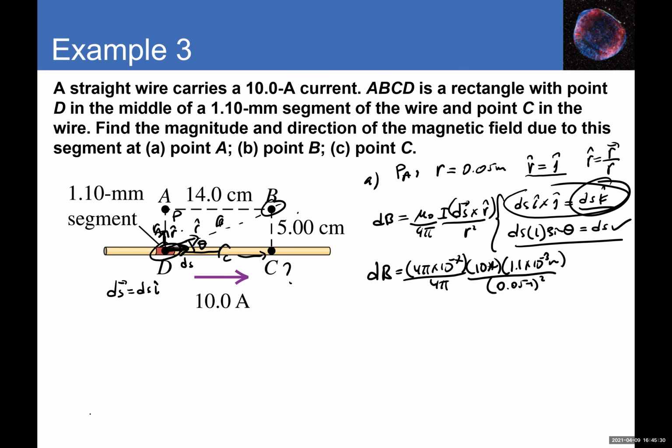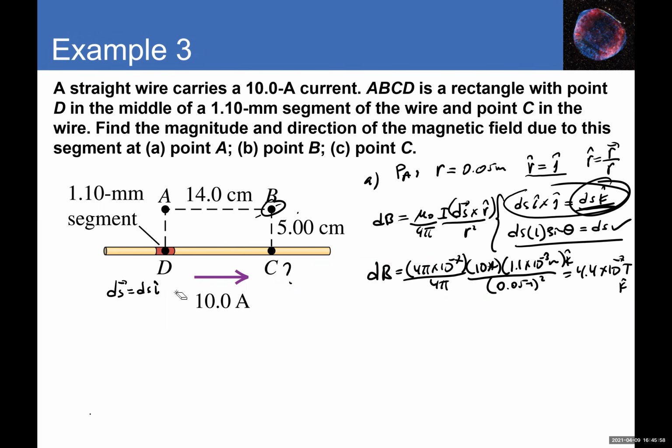Calculating this, we should get 4.4 times 10 to the negative 7 Tesla in a k hat direction, because remember there was a k hat right away with this value, so you can get that magnitude and the direction. All right, so that's for finding the magnitude and direction of the magnetic field at point A.